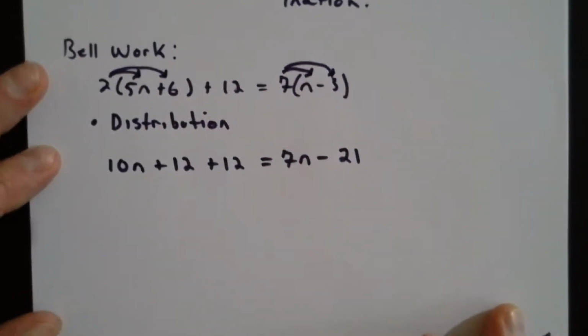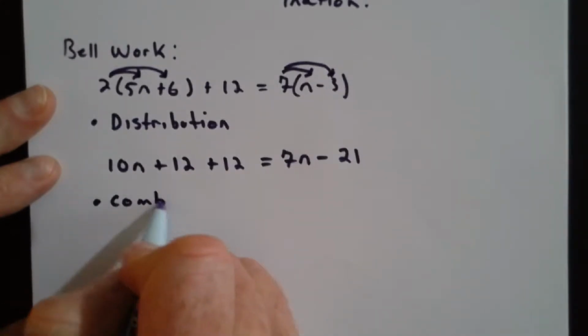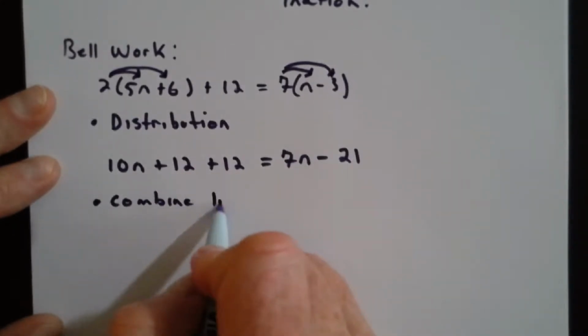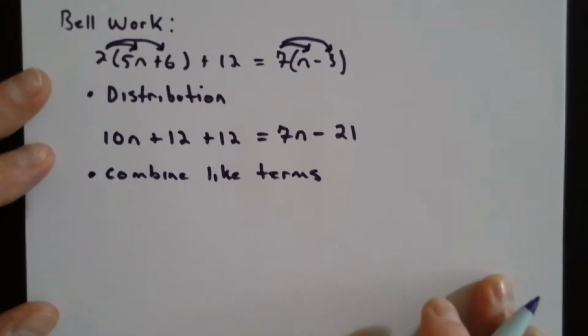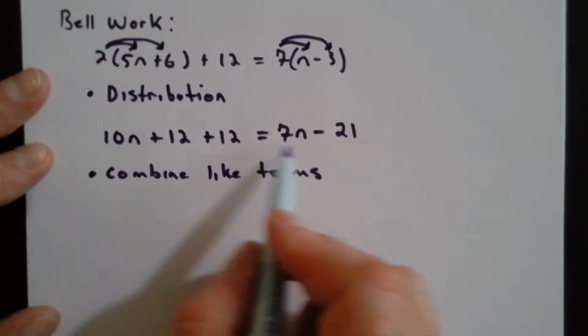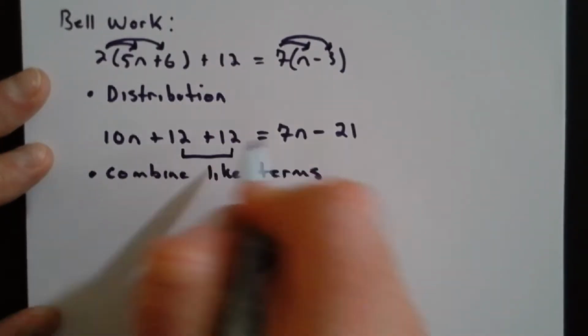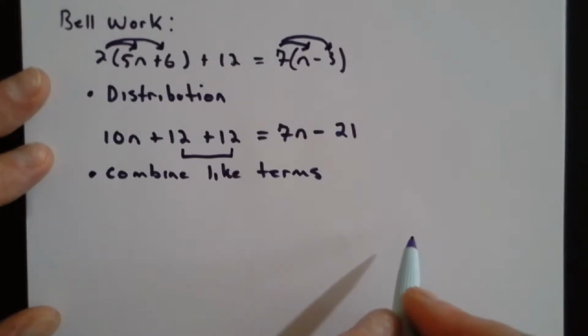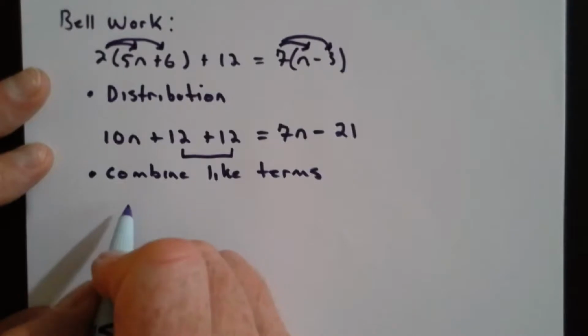We're going to combine like terms. And so we have 12 and 12. And of course we've got to subtract some stuff from both sides or add.